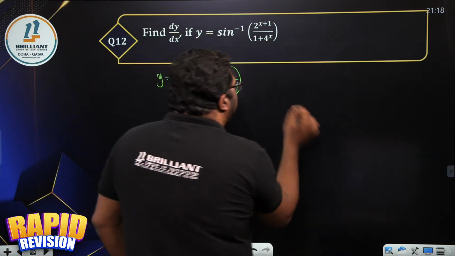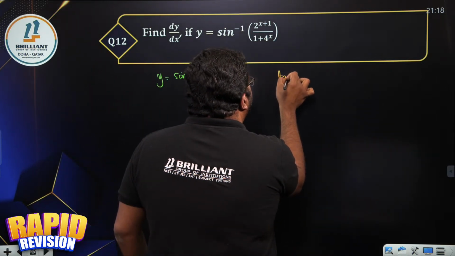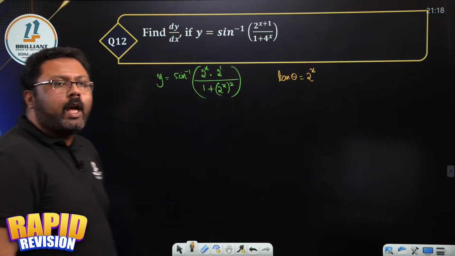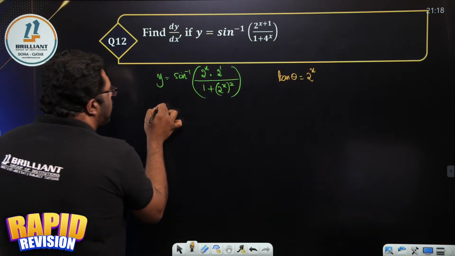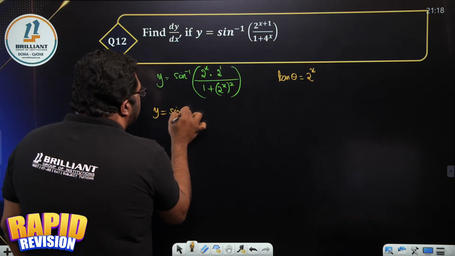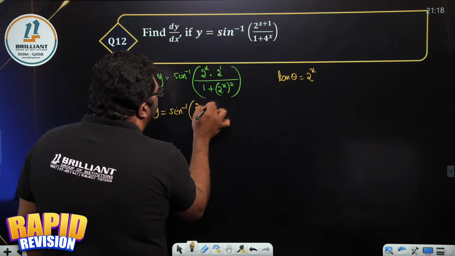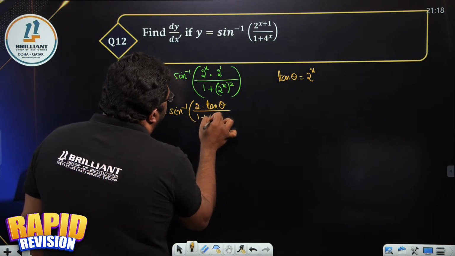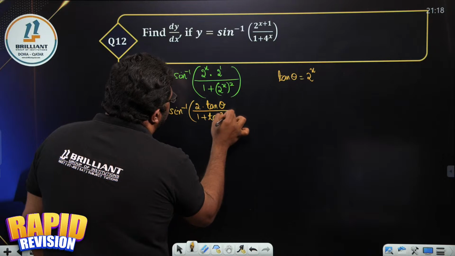Here, please put tan theta in place of 2 raised to x. If you put tan theta in 2 raised to x, your answer is going to be sine inverse of 2 tan theta by 1 plus tan squared theta.